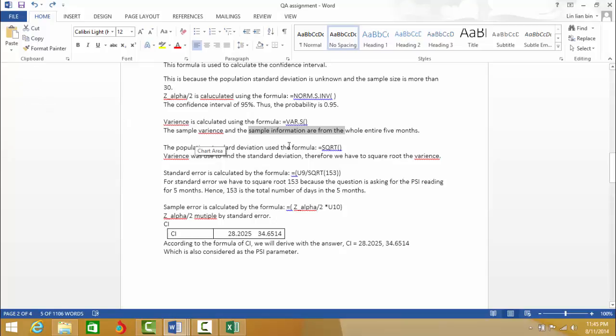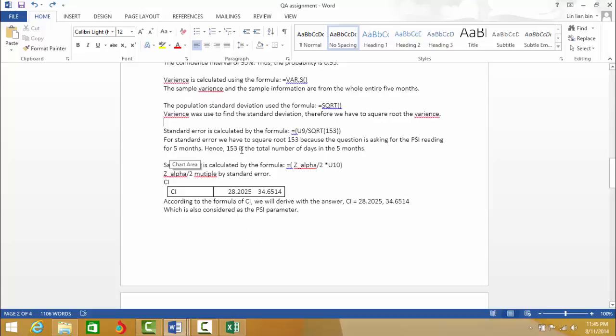The population standard deviation uses the formula in square brackets. Variance was used to find the standard deviation, therefore we have to square root the variance. Standard error is calculated by the formula. For standard error, we have to use square root 153 because the question is asking for PSI readings for 5 months, hence 153 is the total number of days in 5 months.